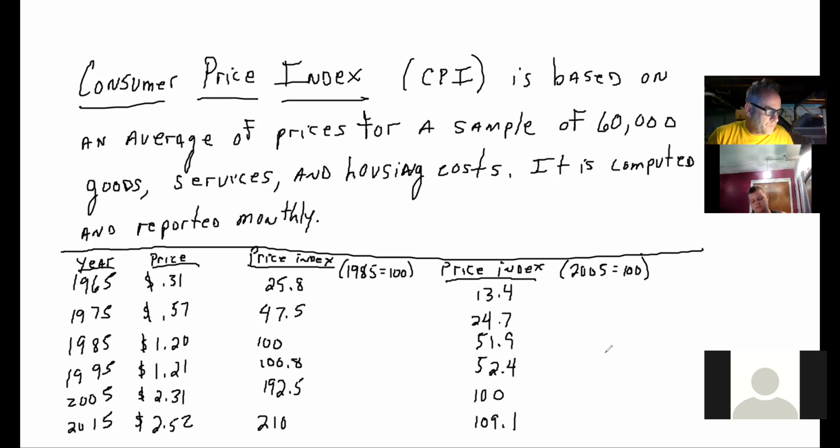So you will be looking at tables where you're given a CPI table, and it's going to have in there what everything is being based on. But again, this is giving me a percentage.